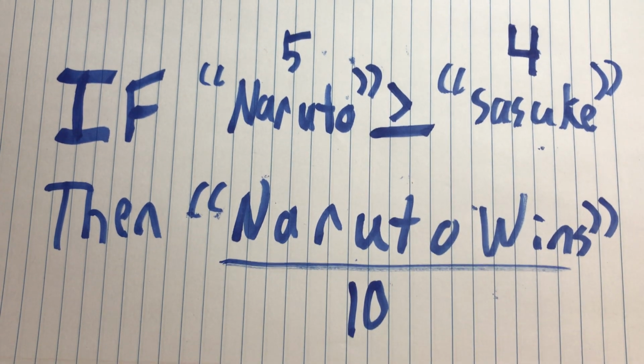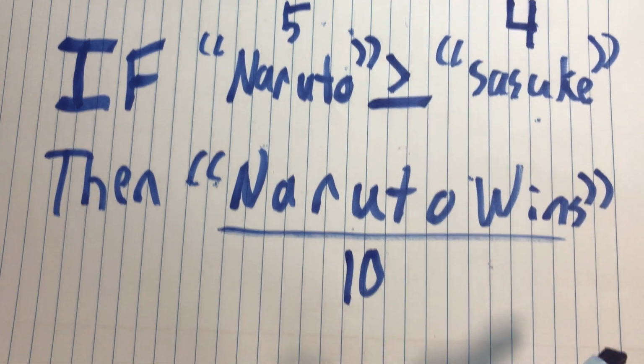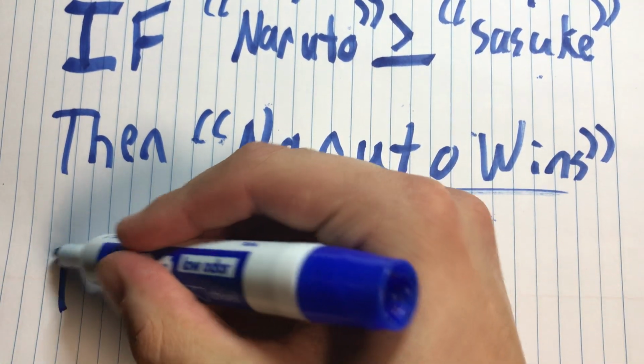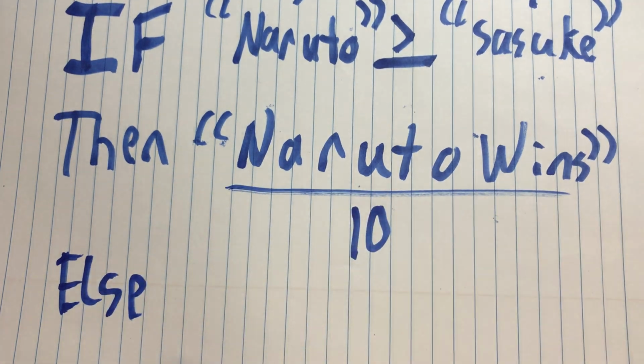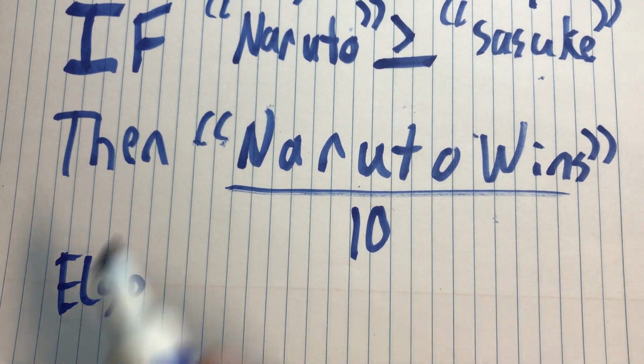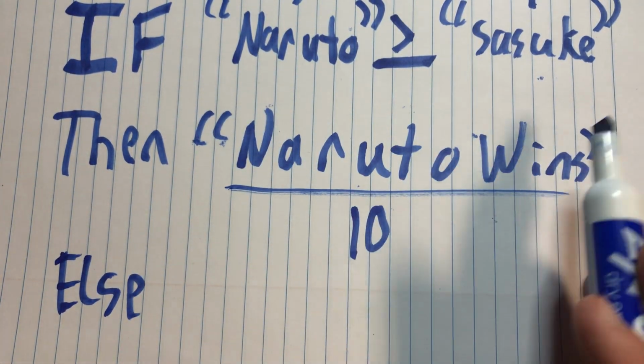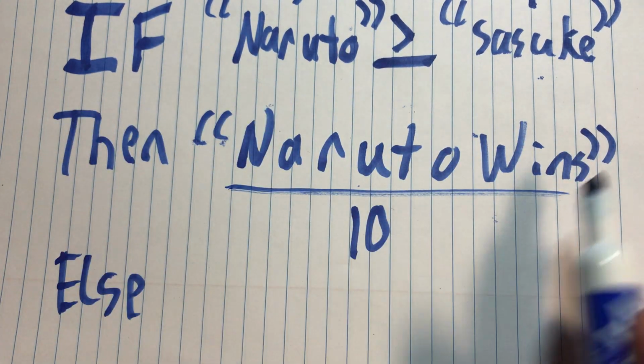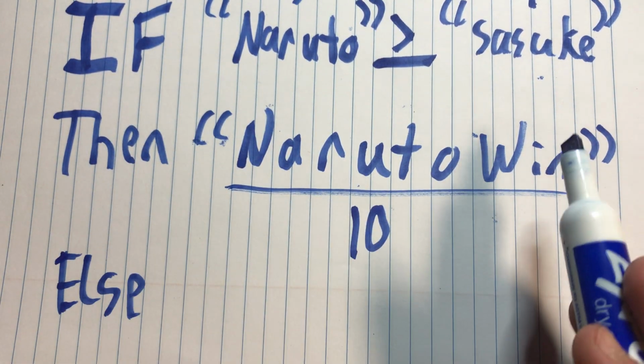There is another thing you can do with this, which is to add in an else. And this is basically saying if this whole thing is not true.